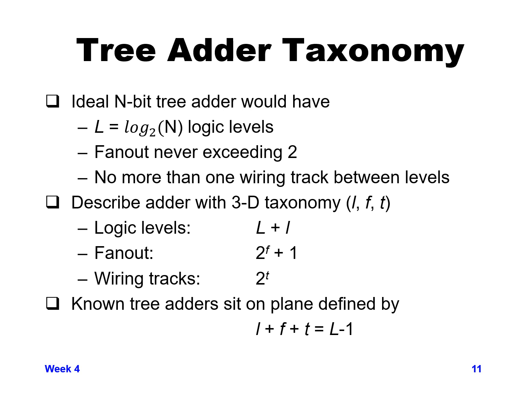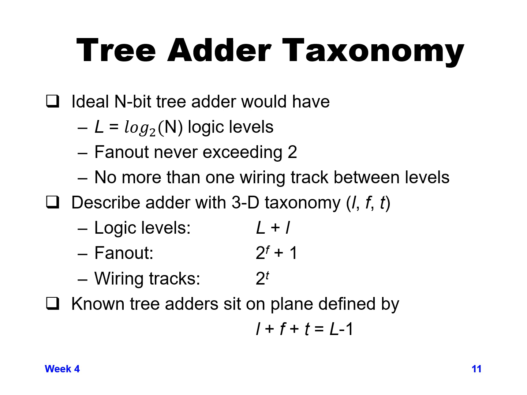Now, what do the lowercase l, f, and t mean? Tree adders, it turns out, sit on a plane defined by the fact that l plus f plus t has to equal exactly capital L minus 1, where capital L is log base 2 of the number of bits.